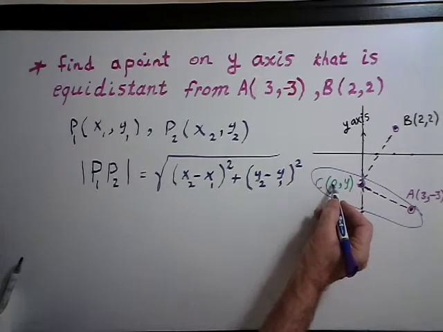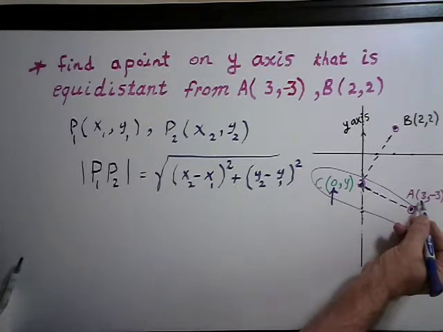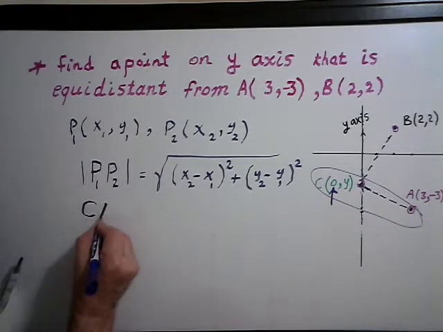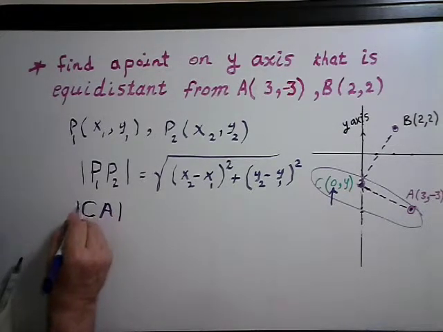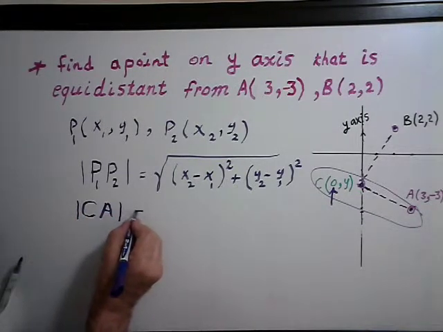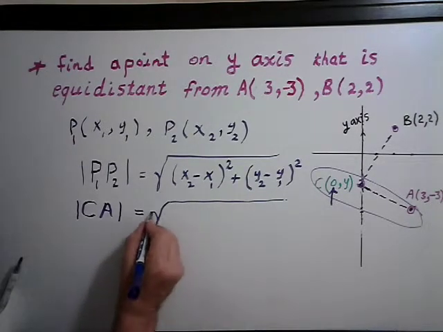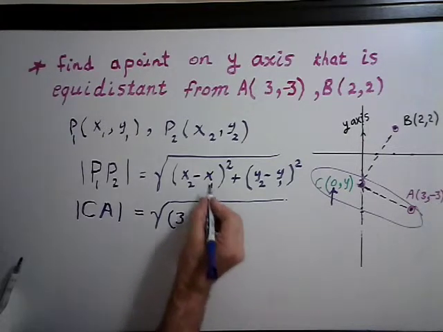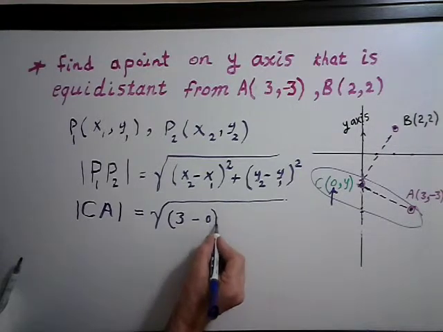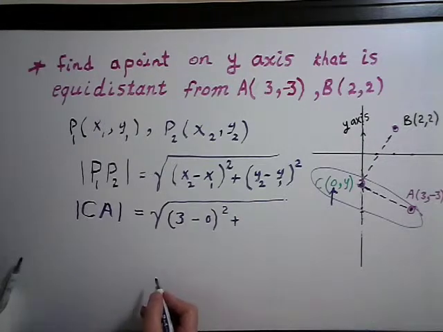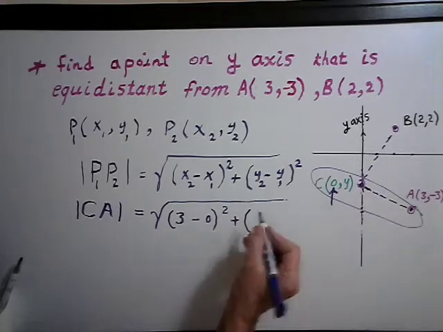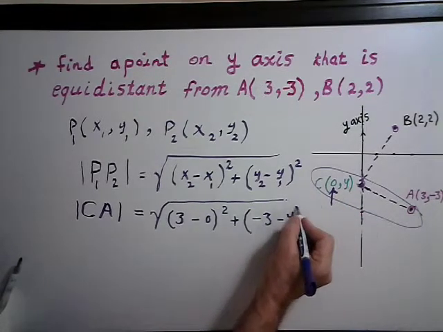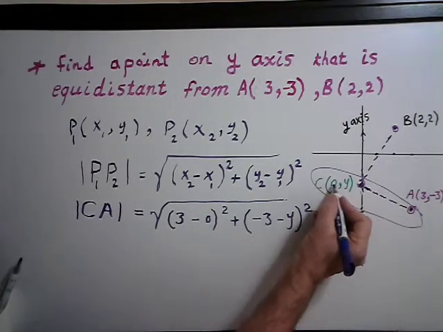So if we consider this x1 and this y1, and this x2 and y2, we can say the absolute value of CA, I mean the distance between C and A, is the square root of x2, which is 3, minus x1, which is 0, squared, plus y2, which is negative 3, minus y1, which is y. We denoted x1, y1 here by 0 and y.